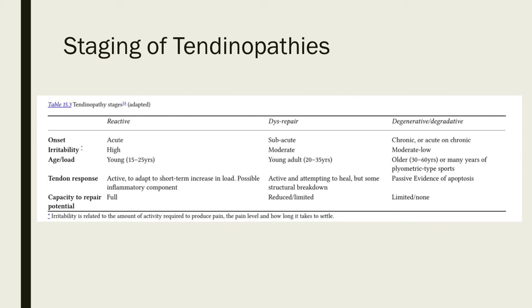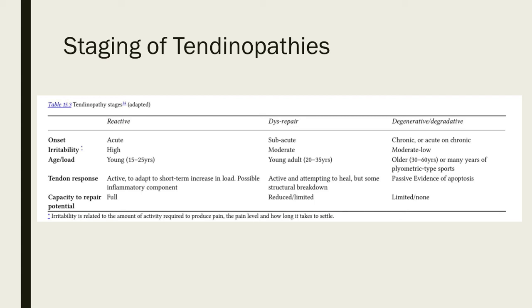You may have some degeneration where the tendon is very close to attaching to the muscle, but in the center of the tendon, the belly of the tendon, it may not be in that degenerative phase. It could be in the disrepair stage. So there could be parts of a single tendon that are in different stages compared to others, and the stages themselves can actually overlap.